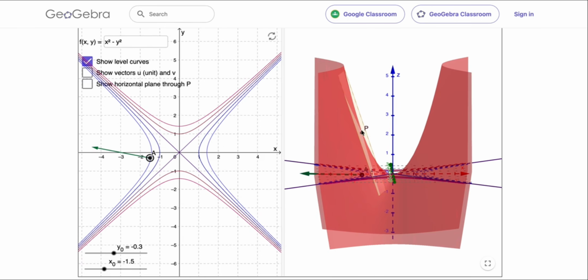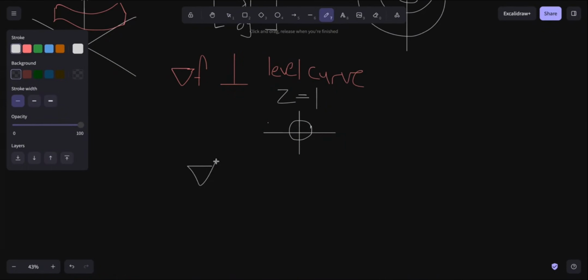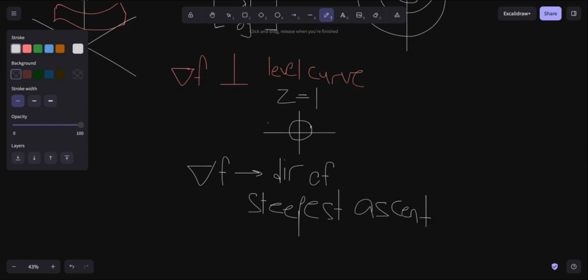In order to make my point higher, my point has to move in this direction, so the gradient points in that direction. So I can say that the gradient is somehow linked to the direction of steepest ascent. It points to the direction where the function increases the fastest.